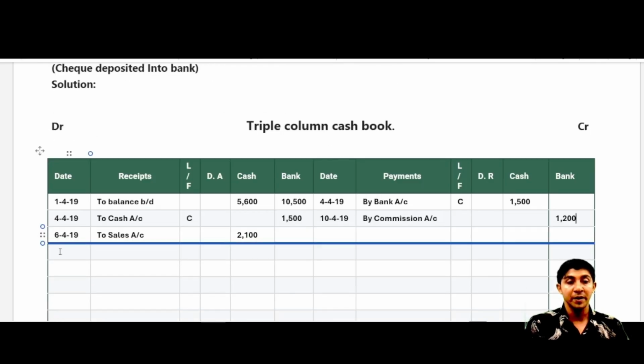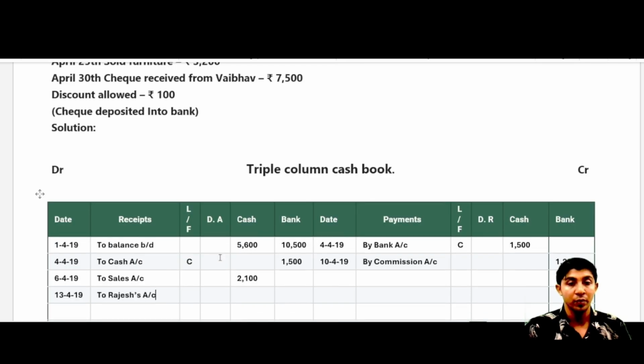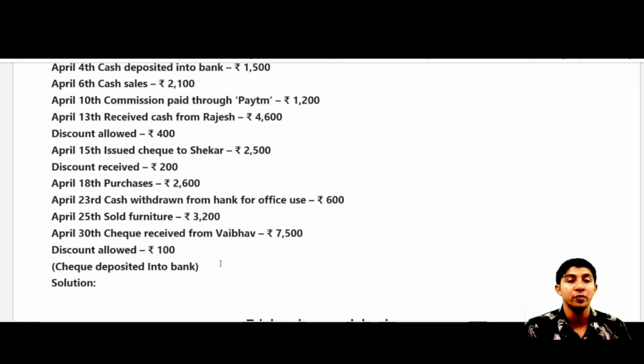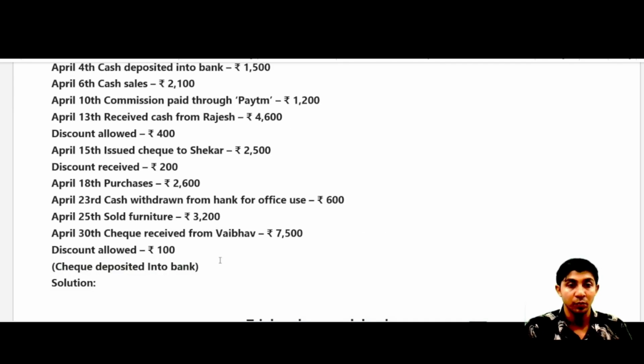So पैसे आए हमारे पास, we'll write on the receipt side 13th April 2019, and here we need to write, ये पैसे दिए कौन? राजेश account. What is the amount? The amount is 4600. So discount is 400. The amount is 4600. Done. Now let us move towards our next transaction, that is on 15th April.